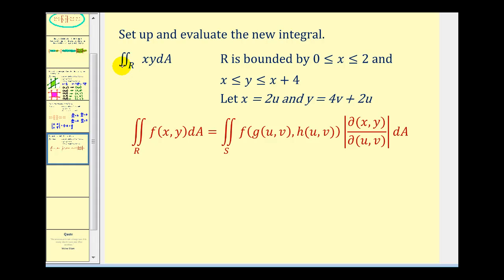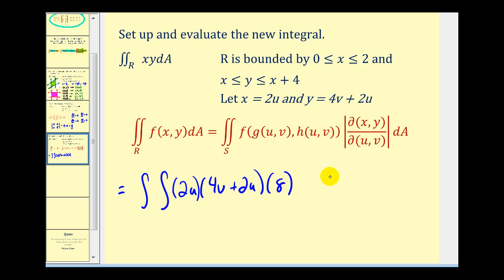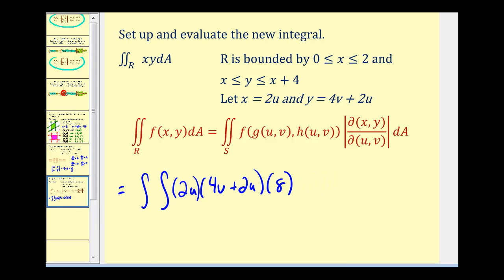We're going to rewrite the given double integral in the uv coordinate system. So the given function was x times y, which will be 2u times (4v plus 2u). And then the Jacobian was equal to 8, so we have an extra factor of 8. Now let's go back and take a look at our region of integration again.